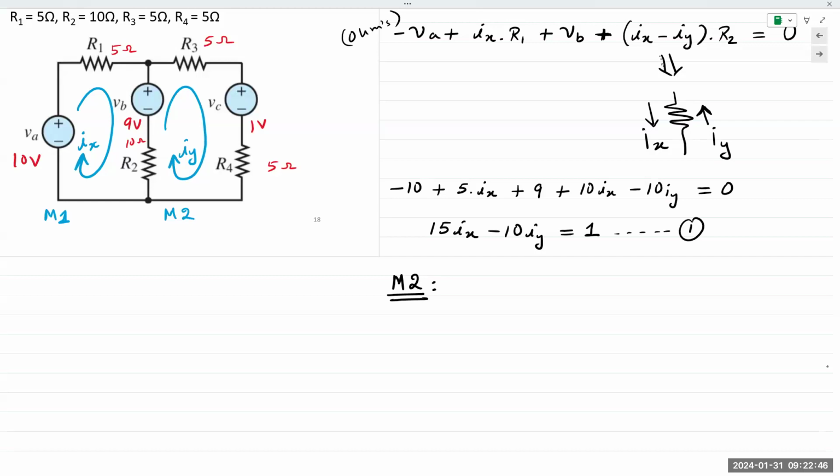Starting from the bottom left, going in the clockwise direction, I have VR2, this time it would be minus VB plus VR3 plus VC plus VR4 equal to 0.